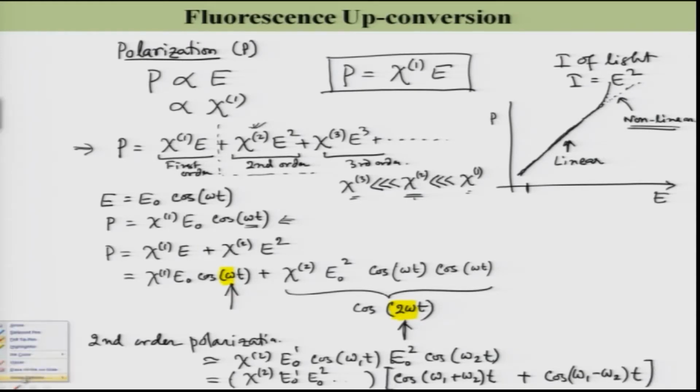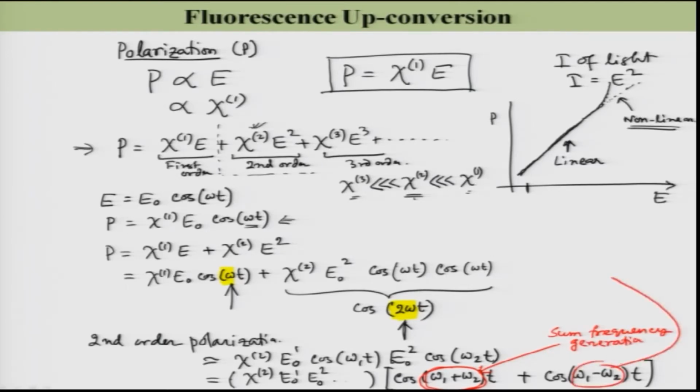So, you note here that this term is the summation of these two frequencies, and this is called the sum frequency generation, and in this case it is just a difference. So, this is known as difference frequency generation. Okay.